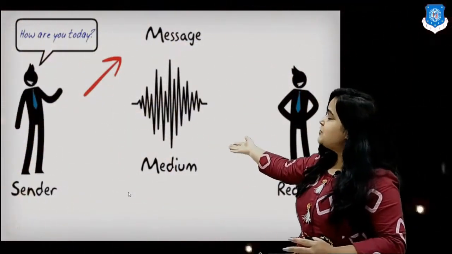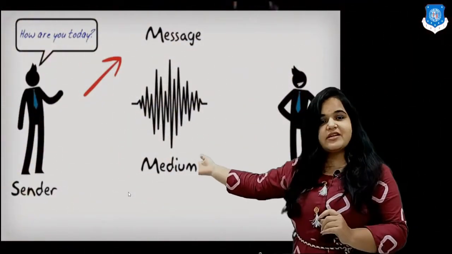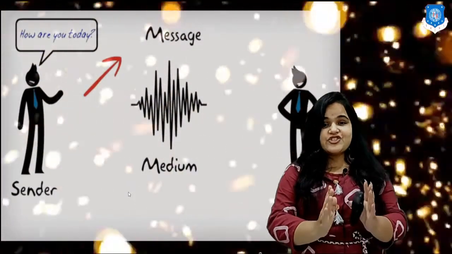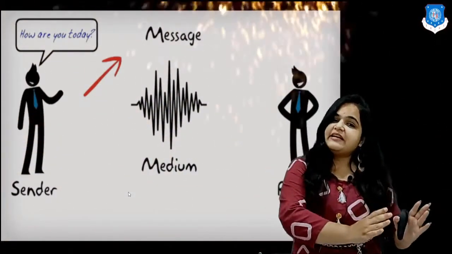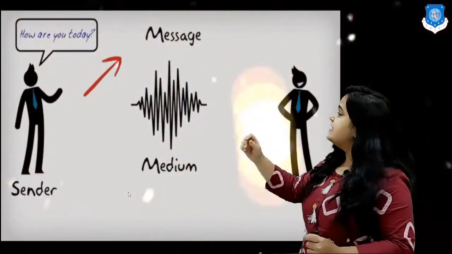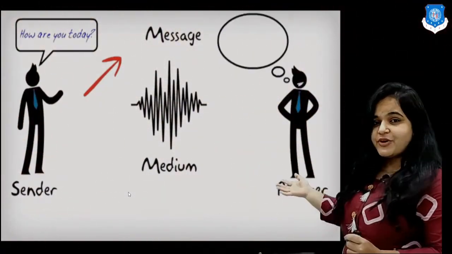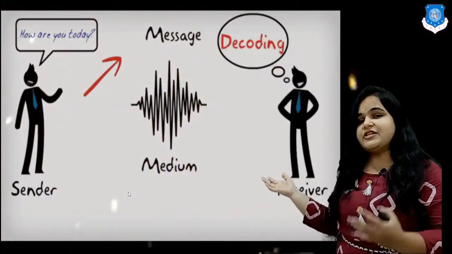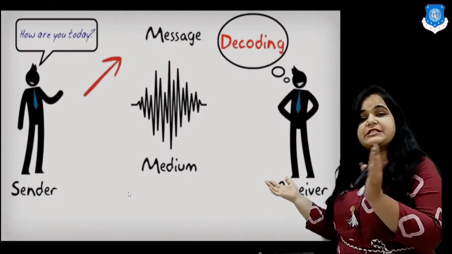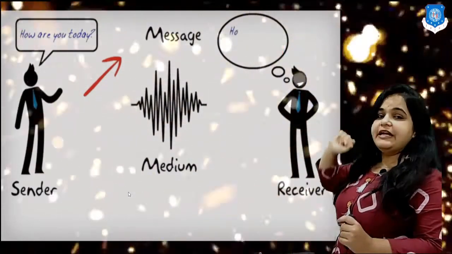The medium is used to send this message to the receiver. The medium acts as a channel or the connection between the sender and the receiver. The receiver receives this message. He firstly decodes the message. Obviously, encoding must have a similar decoding with it.